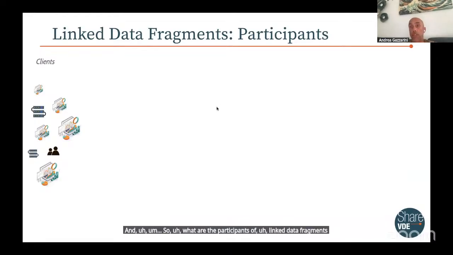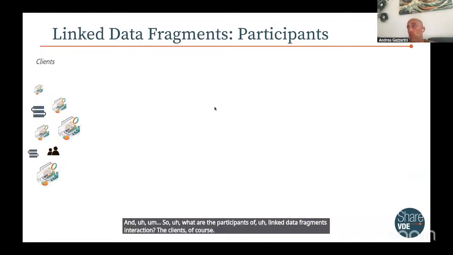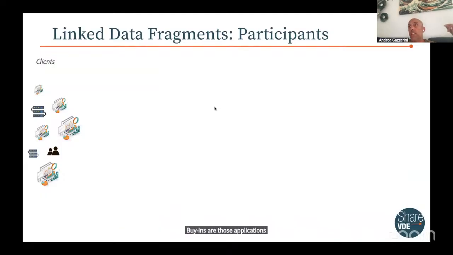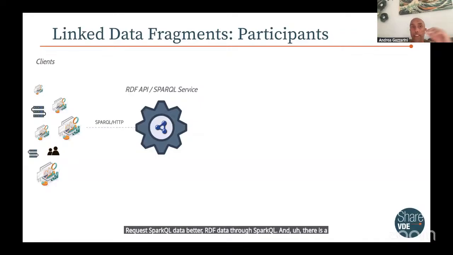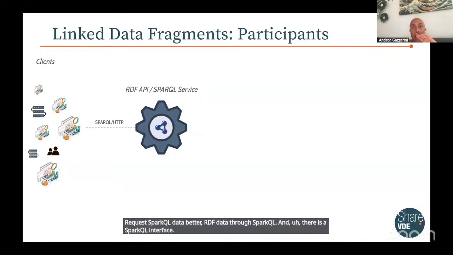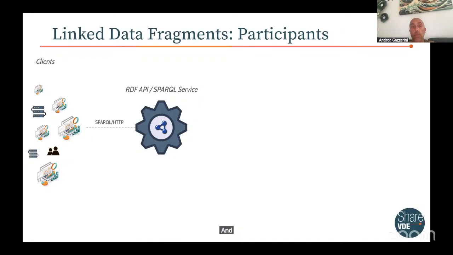The clients, of course. Clients are those applications, UIs, and so on that are interested in requesting RDF data through SPARQL. And there is a SPARQL interface and a service that, of course, provides that interface.